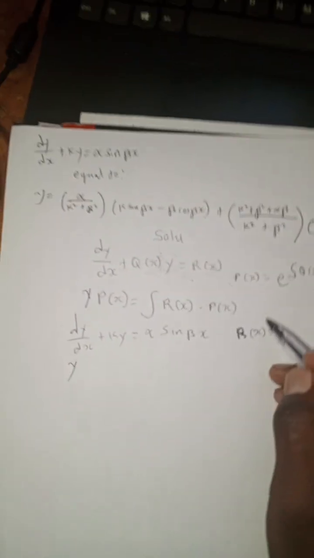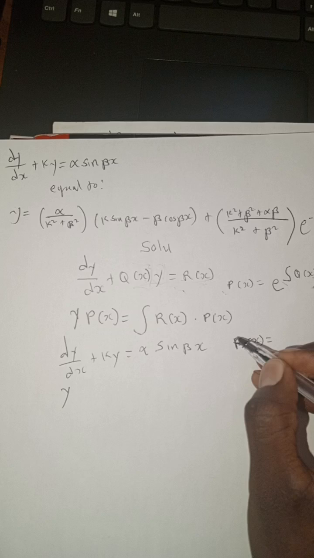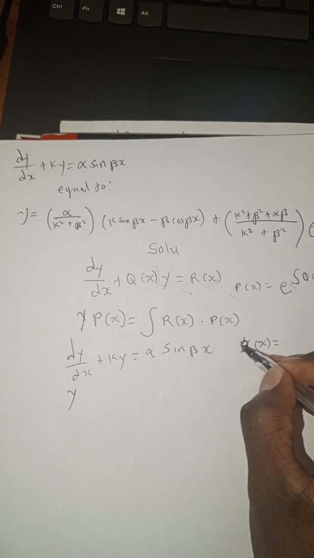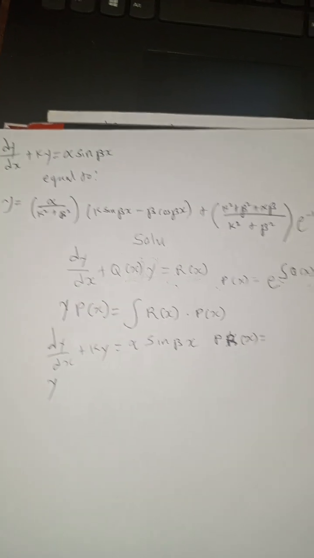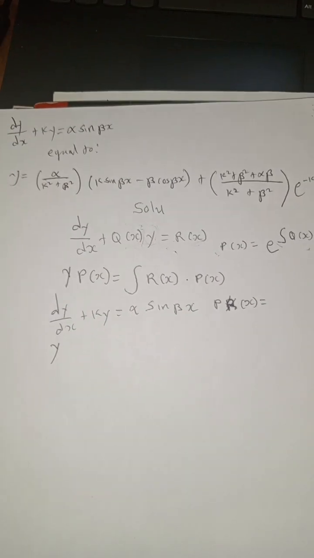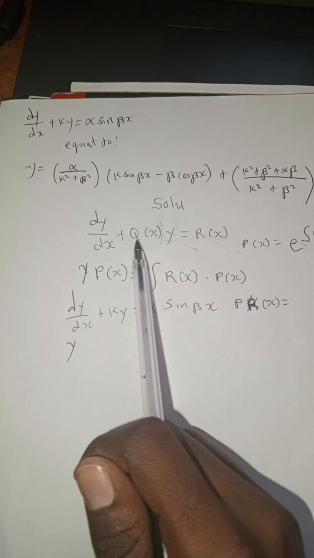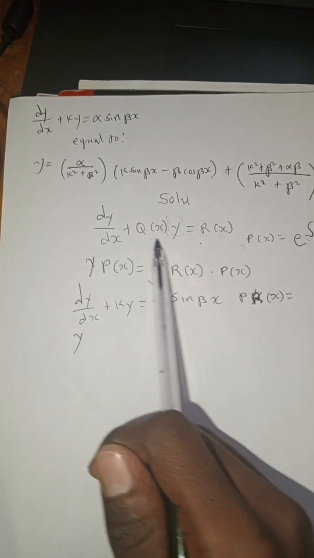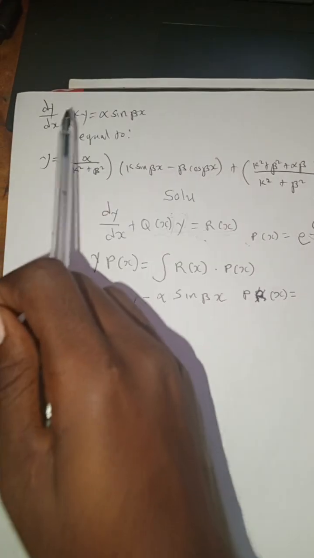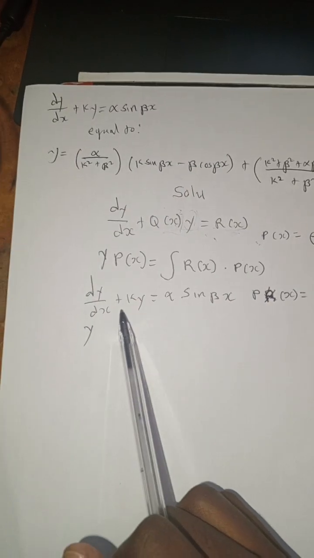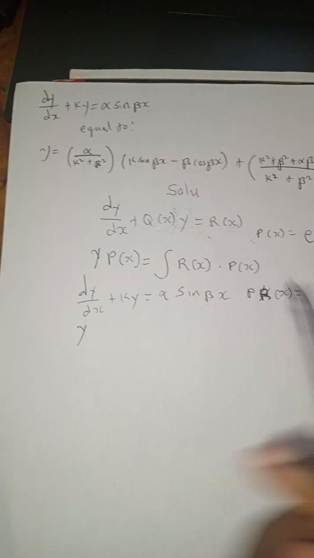Now, let's ask ourselves, what is px? Look, we have to take the coefficient which precedes y. So if we look at what we have, we can see that it's k, isn't it?